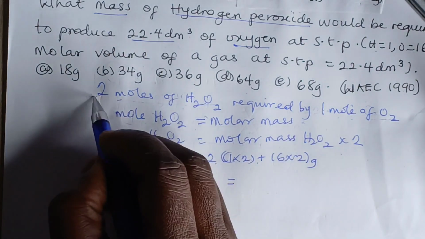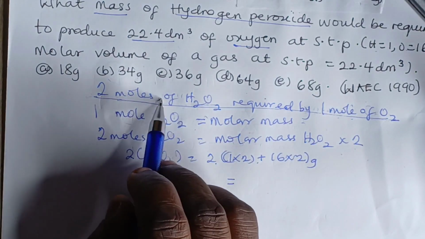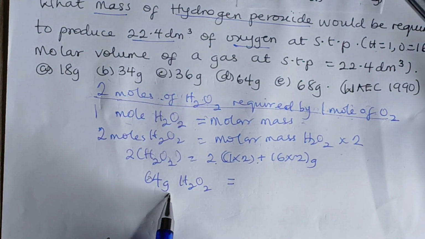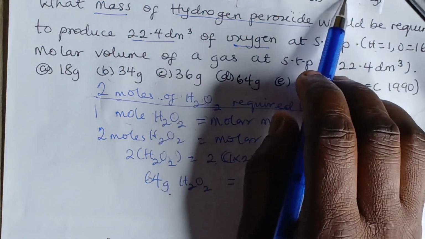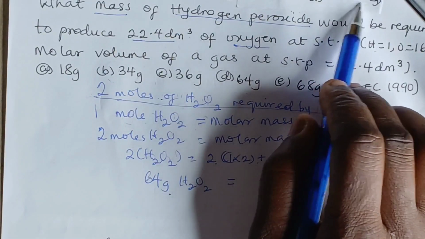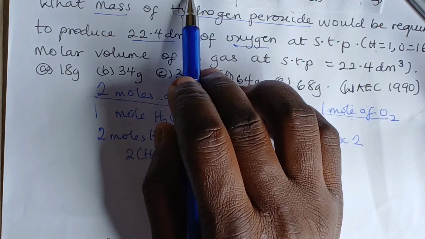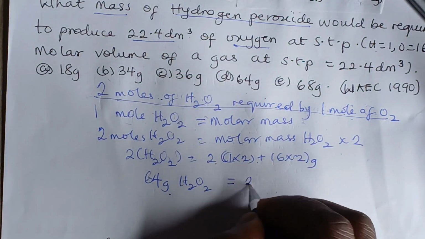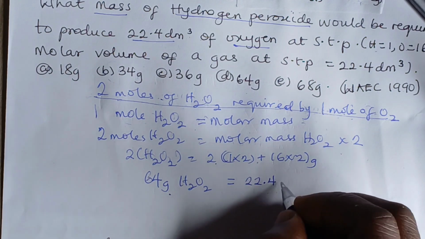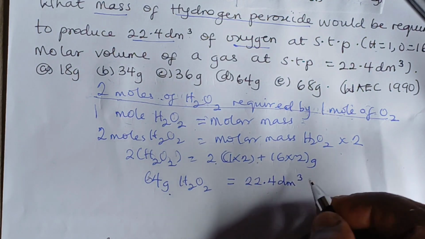So from this first line that we got, which I've converted from 2 moles to 64 grams, oxygen occupies 1 mole. From this equation of reaction, it is just 1 mole of oxygen that is produced by 2 moles of hydrogen peroxide. So 1 mole of a gas occupies 22.4 dm cube.